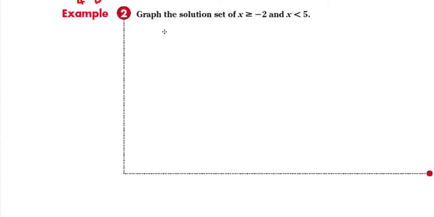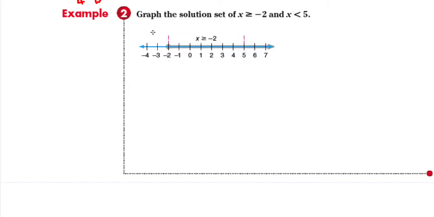Graph the solution set of x is greater than or equal to -2 and x is less than 5. First, let us graph x is greater than or equal to -2.